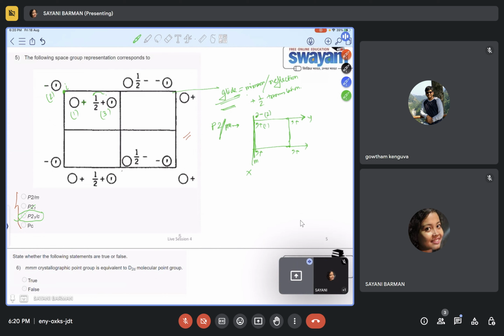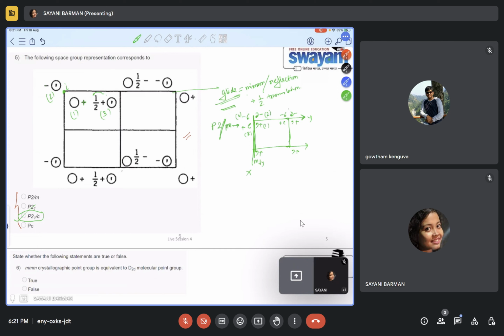The mirror planes are perpendicular to y or along z. So it will be easier for us also. Then according to the mirror plane, we'll get the reflected images like this, right? So one, two, three, four. There will be four objects here.